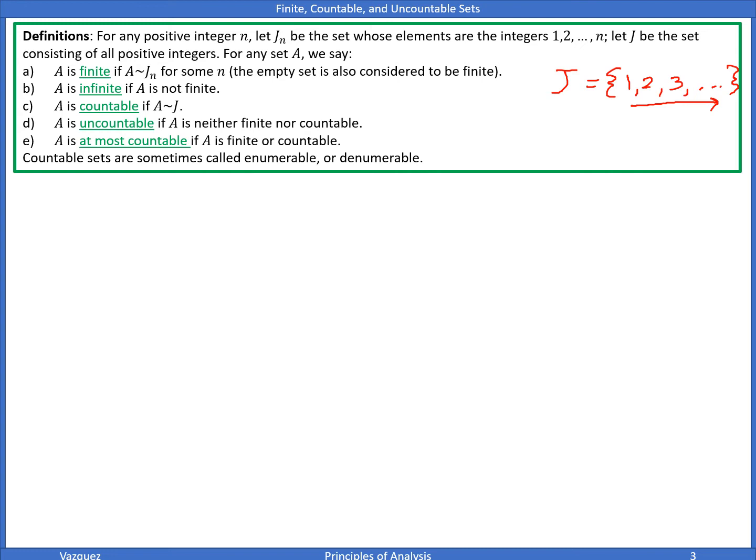The real numbers are uncountable. A is at most countable if A is finite or countable. So a set with just 1, 2, 3 would be at most countable. Same as the set J, it is at most countable. Countable sets are sometimes called enumerable or denumerable.